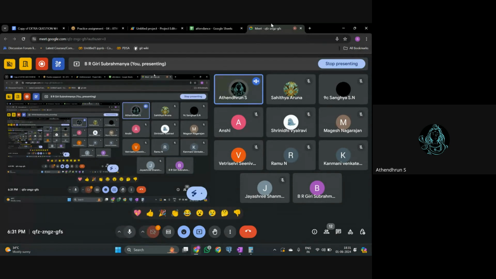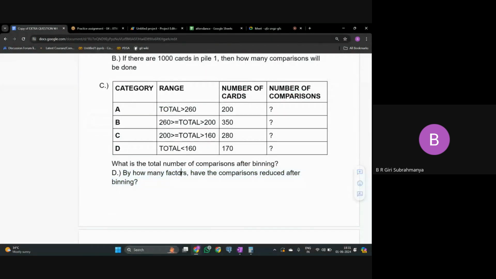3,65,100. By 3,65,100 factors? No, understand, I'm not asking the difference. I'm asking by how many factors have the comparisons reduced after you bin the cards.